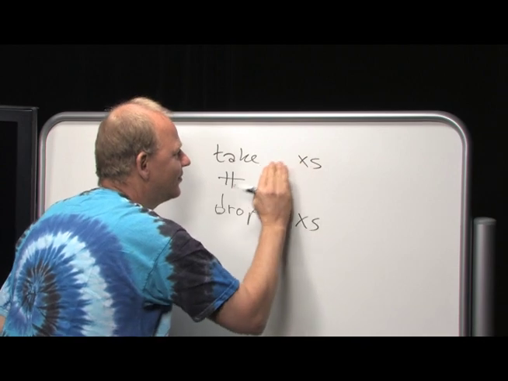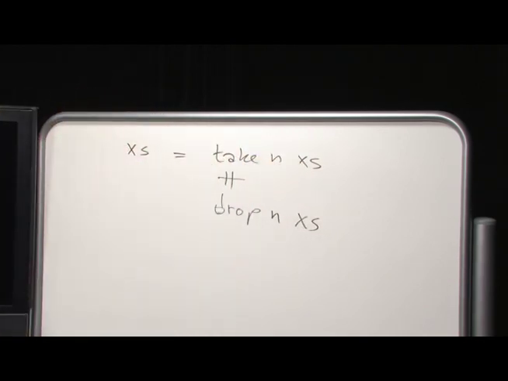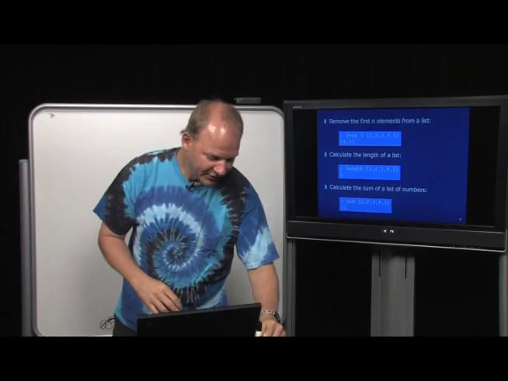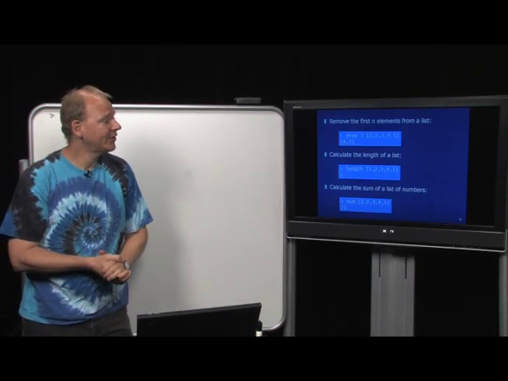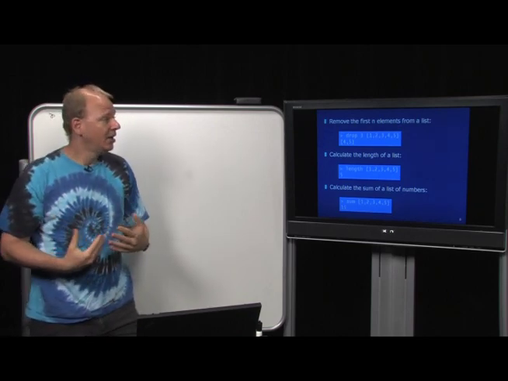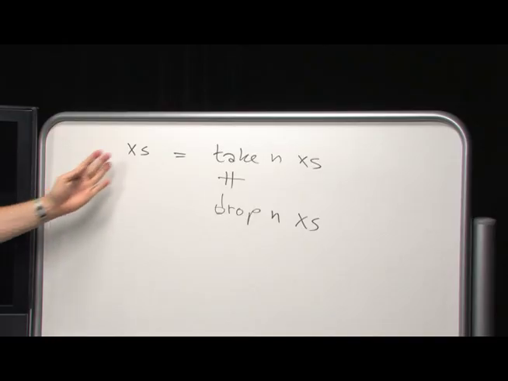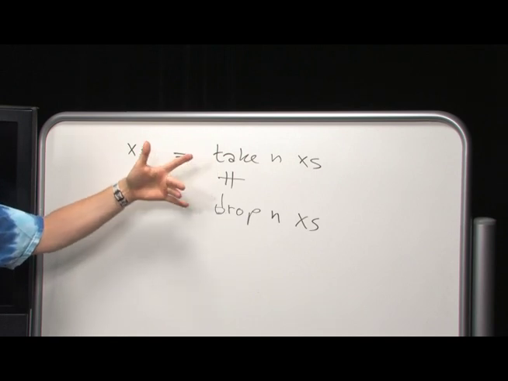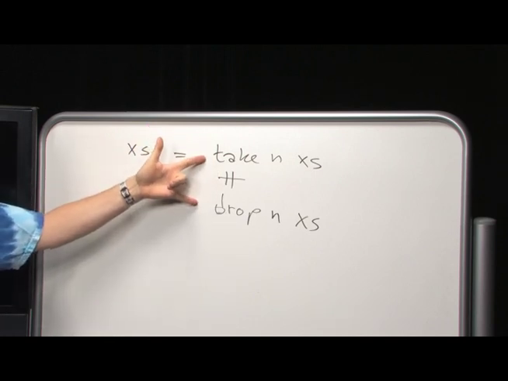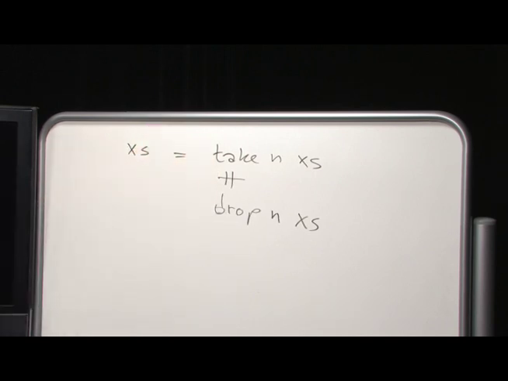So you always have to be careful where you count. If I take the first n and I drop everything but the first n, I get back the list. These are things that Haskell people like to prove, and in some sense, this is the way you define how take and drop should behave.